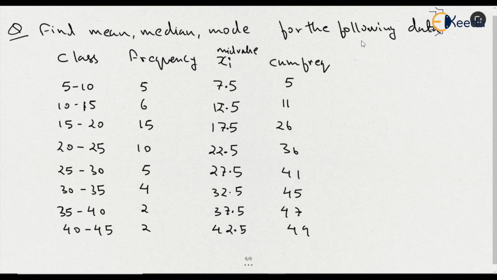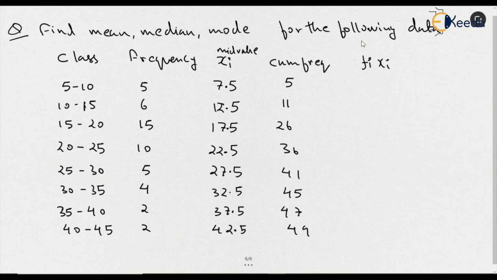We can also find, maybe it will be required, frequency fi into xi. This is the product of the interval with their frequency. So 5 into 7.5 and likewise 6 into 12.5 and so on.